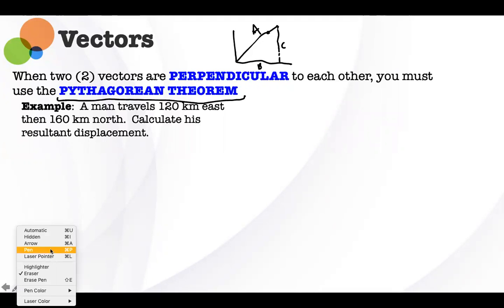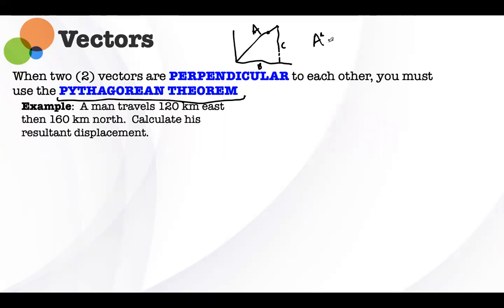It depends on which one is your hypotenuse. I'll explain it, but let me just introduce it: it will be A squared equals B squared plus C squared. This is the original formula. I'll go ahead and explain it now.